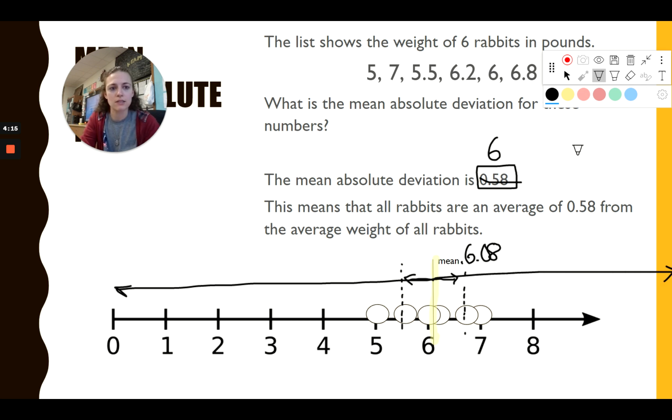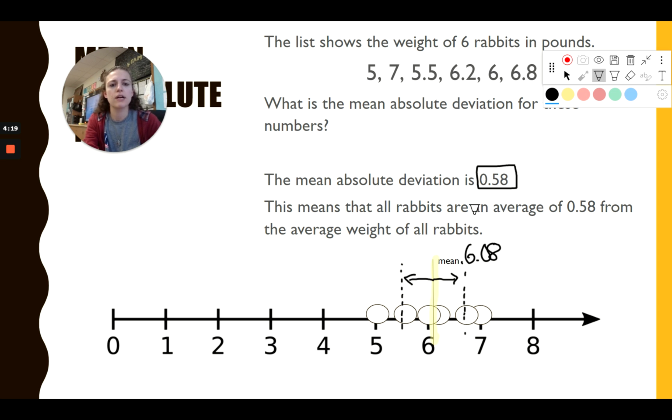That seems excessive. So therefore, you can kind of check your answer and whether it makes sense by thinking about, are all of my data points the same distance to the left and to the right of the mean that I calculated initially? And that's how you figure out mean absolute deviation.